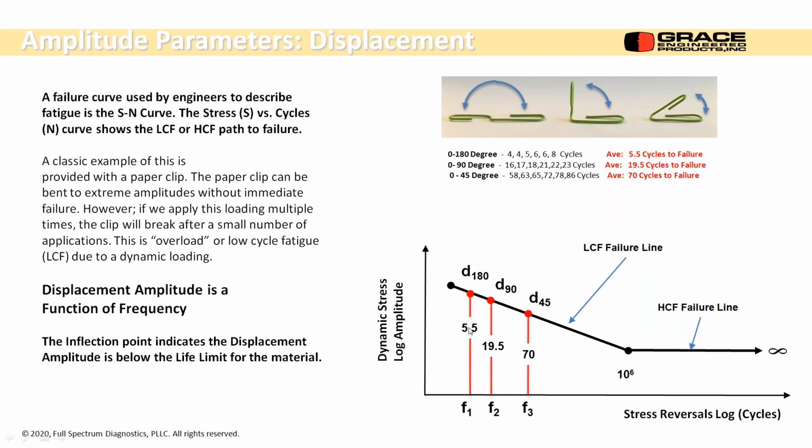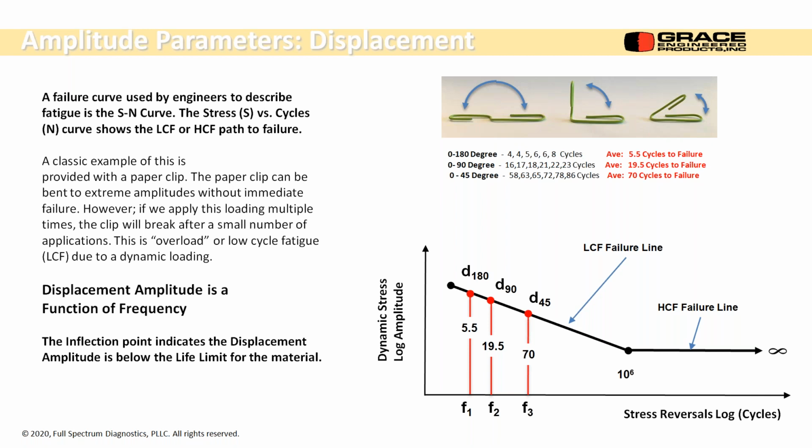At 180 degrees, I get a limited lifetime. So I can only do that 5.5 times, and then it's going to fail. So this is my failure line, my displacement failure line. And if I'm a big fan in a power plant, and my vibe guy comes to me and says I have so many mils of vibration, I can't do anything with that.